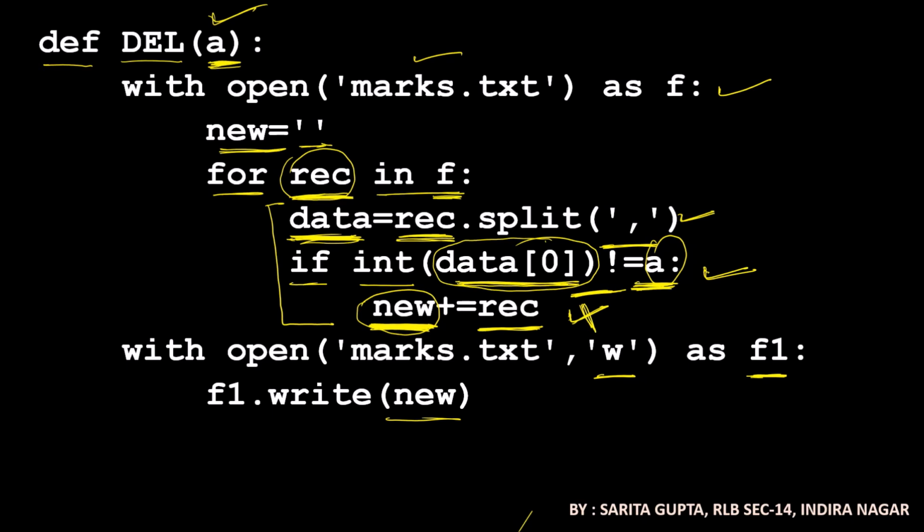When the file is opened again in write mode, its previous contents will be destroyed and the new file content which I am writing here through the variable new will be written onto the file from the beginning of the file. Thus, the file will now store all student records excluding the one which has to be deleted. Again, at the end of each with block, the file will be closed automatically.